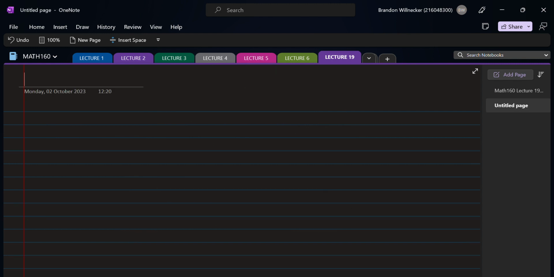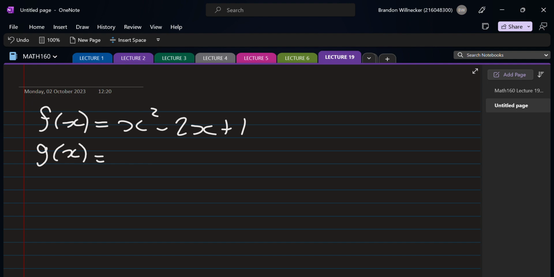Okay, so let's say our f of x is equal to x squared minus 2x plus 1. And g of x is equal to minus x squared plus 3x minus 1. Okay, now here we can see which one's the upper function and which one's the lower function.